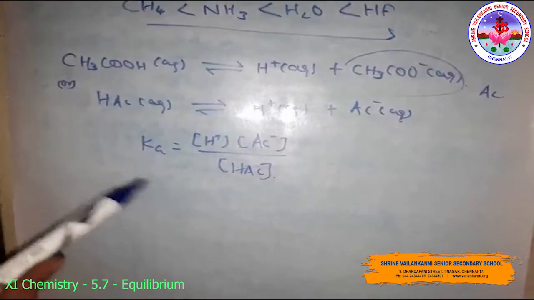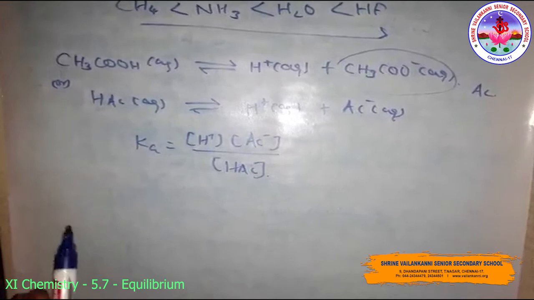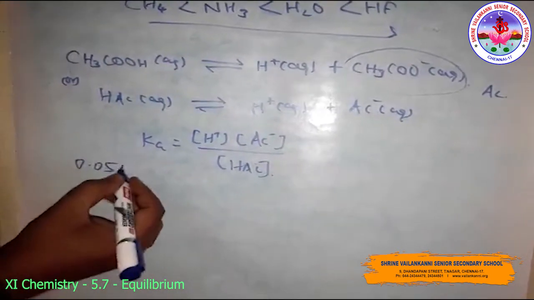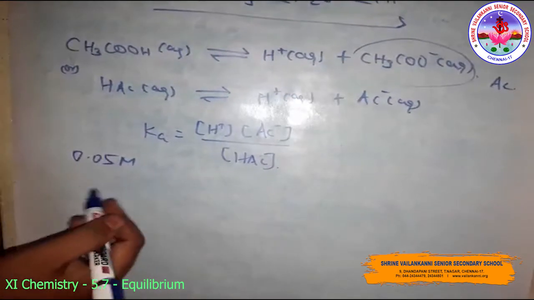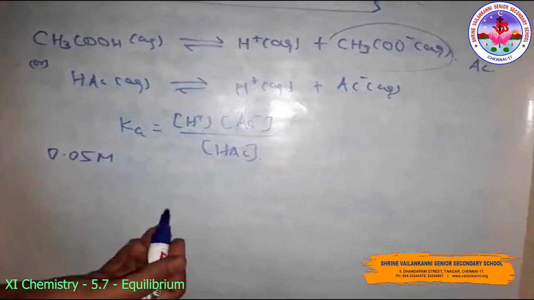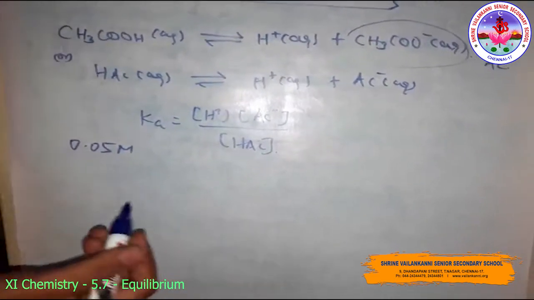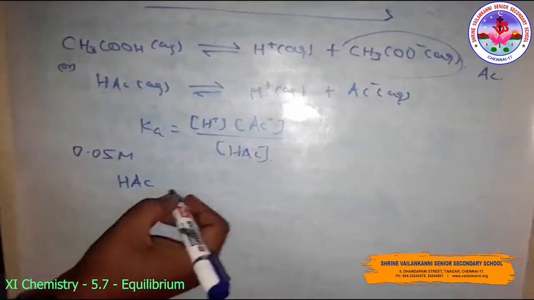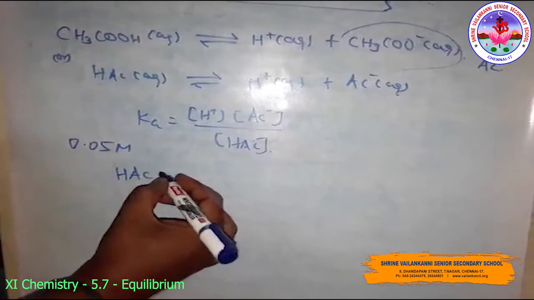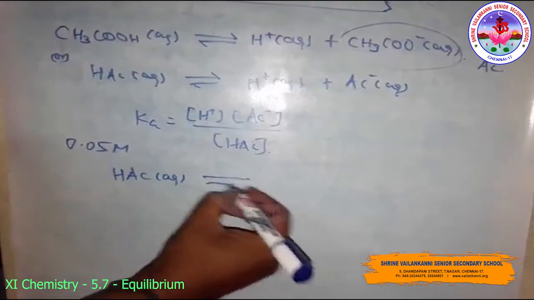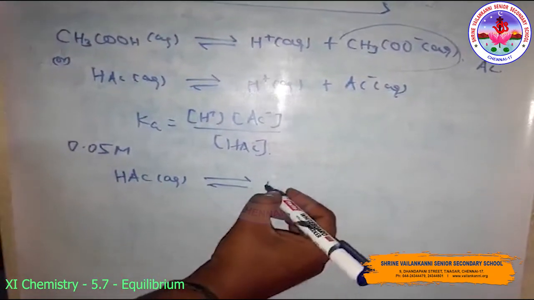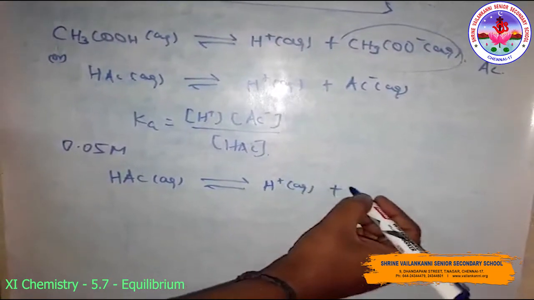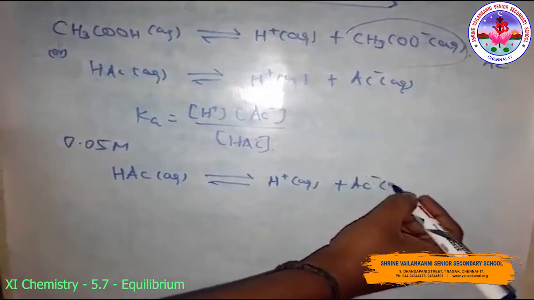So, in order to evaluate the pH of the solution resulting from the addition of 0.05 molar acetate ion to 0.05 molar acetic acid solution, we can look at the reaction. HAC aqueous dissociates to H plus aqueous and AC minus aqueous.